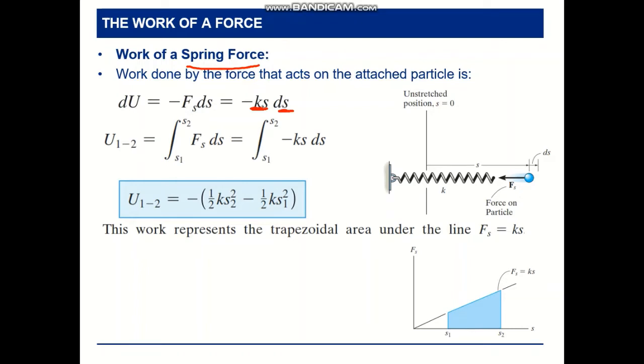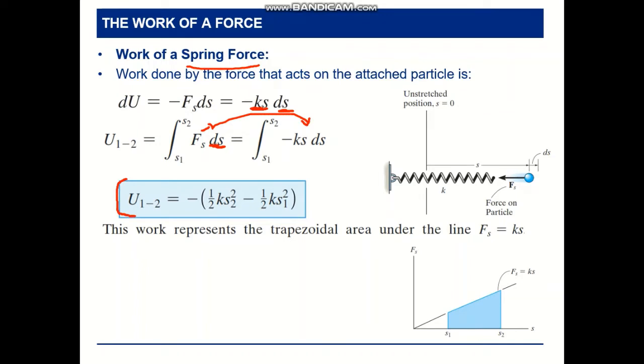So the energy from one point to a second point is going to be the integral from s1 to s2 of the spring force multiplied by ds, which is the change in this spring. If we plug in this Fs force, it's going to be minus Ks ds from s1 to s2.